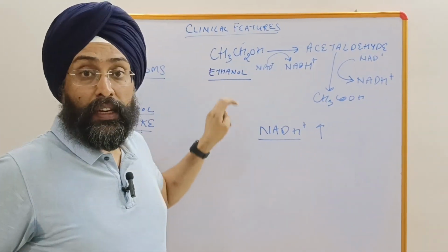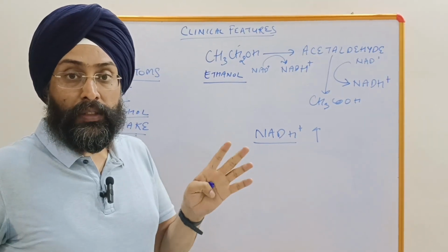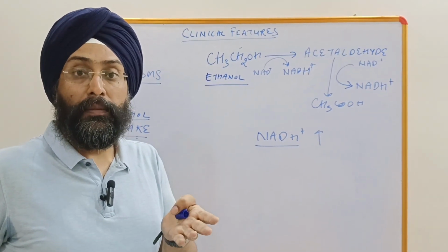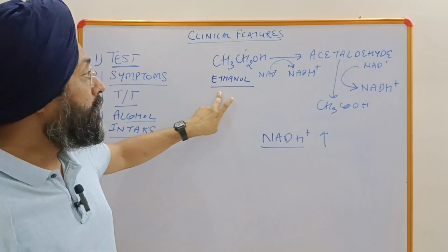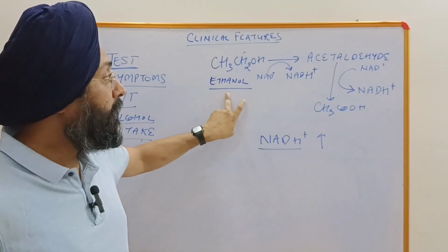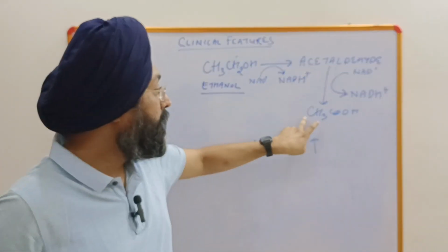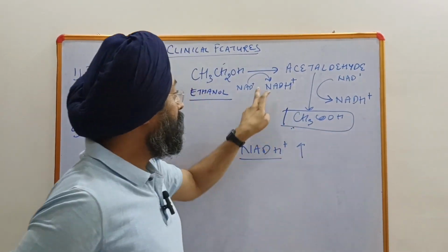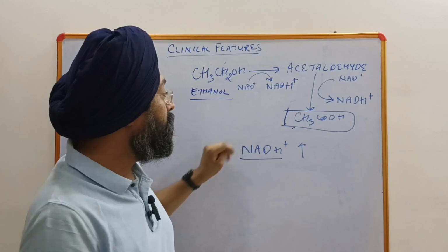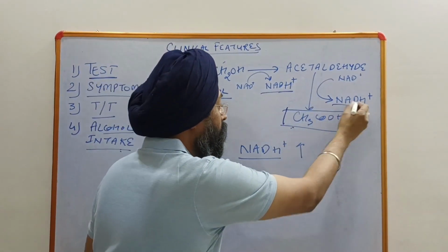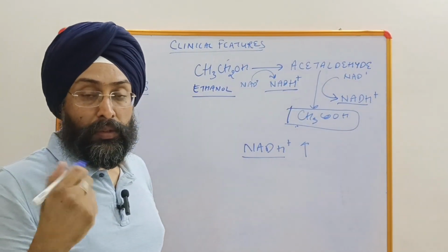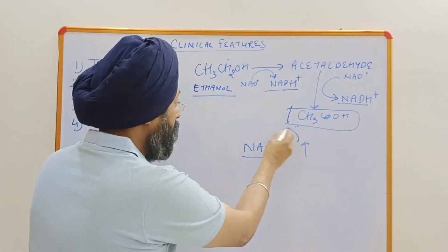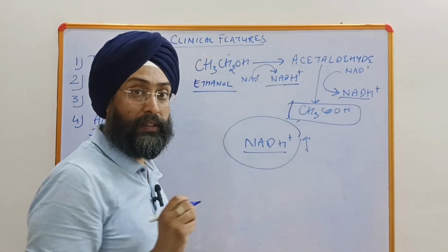Now we'll start with what happens when you have alcohol. Now we'll start with alcohol metabolism because it causes precipitation of symptoms of gout, right? So this is ethanol. Ethanol is metabolized to form acetaldehyde and finally acetic acid, right? So both these steps require NAD and there is synthesis of NADH. So ultimately, when you keep on taking alcohol, the levels of NADH will increase, right?